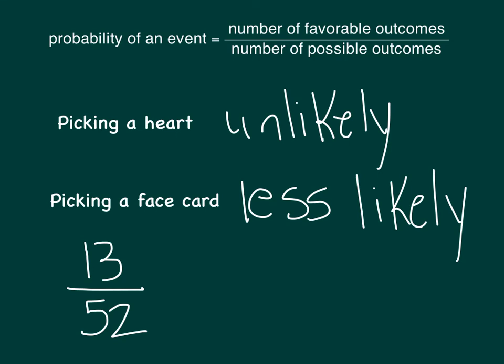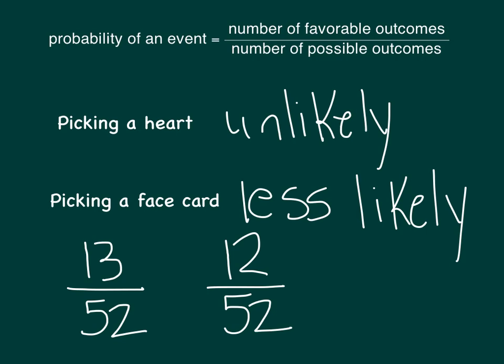But if I asked you about picking one of those, there are 12 of those cards in a deck. So my fraction would be 12/52 because again, the number of cards in the deck has not changed. There's still 52.